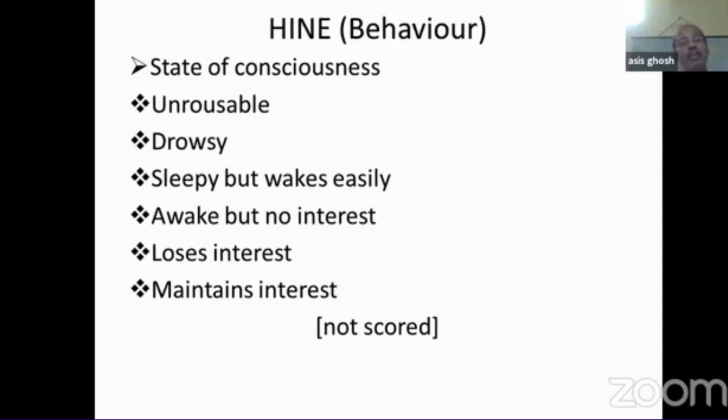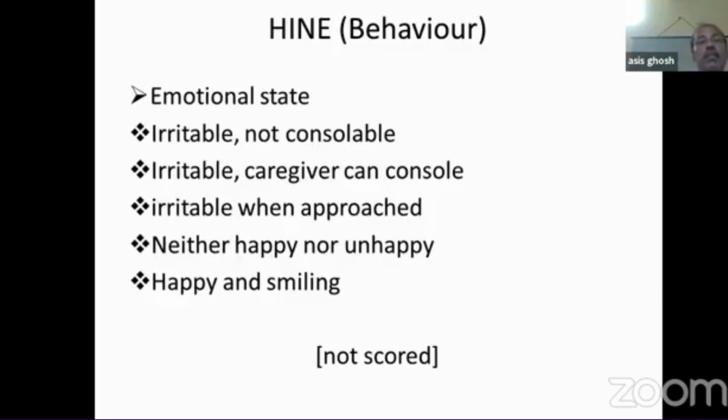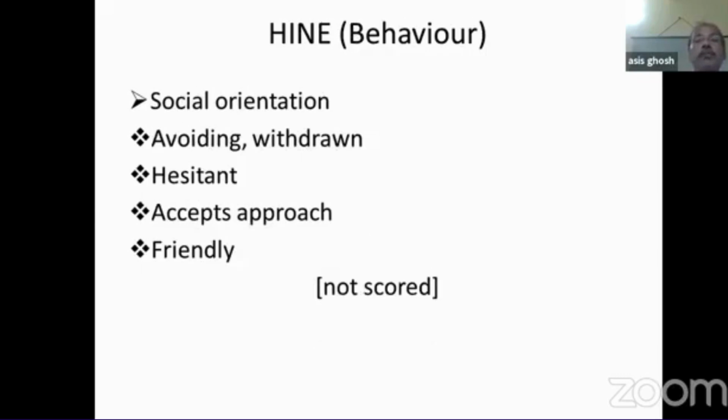And whether the child loses interest or maintains interest. There is the emotional state, whether the child is irritable and not consolable, irritable but the caregiver can console, irritable when approached, neither happy nor unhappy, happy and smiling. When you observe the child, you put a tick or a circle on what you are observing. And under social orientation, you say avoiding, withdrawn, hesitant approach, accepts approach, and the child is friendly.